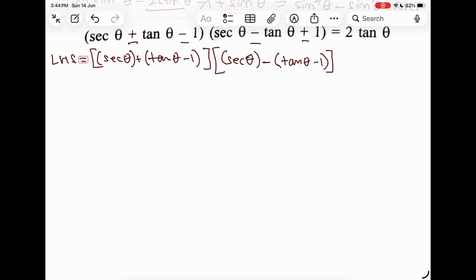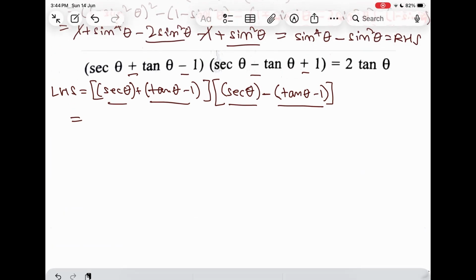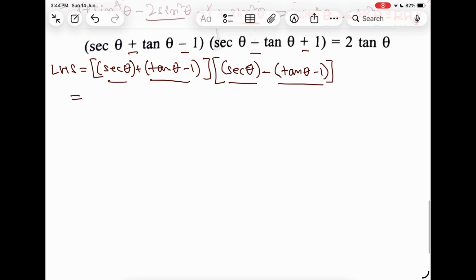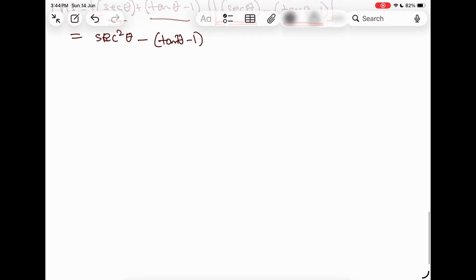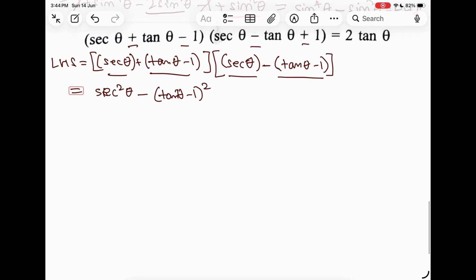Now further simplifying it, we can see clearly that assuming this is a, b, and this one as a, b, we get a plus b multiplied with a minus b, and we already know that a plus b multiplied with a minus b is the same as a square minus b square, that is sec square theta minus tan theta minus 1 whole square, as we are assuming these two terms as a and b, hence that is a square minus b square.